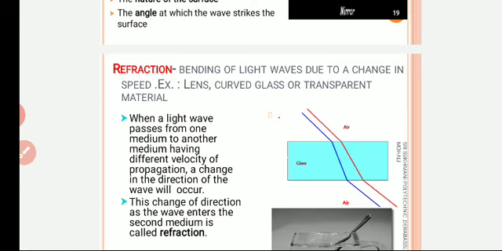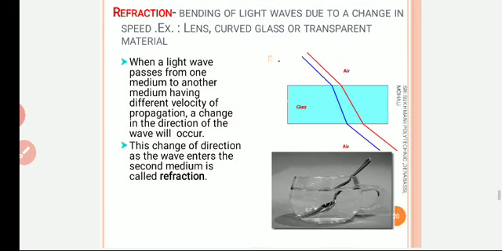When a light wave passes from one medium to another medium having a different velocity of propagation, a change in the direction of the wave will occur. This change of direction as the wave enters the second medium is known as refraction.